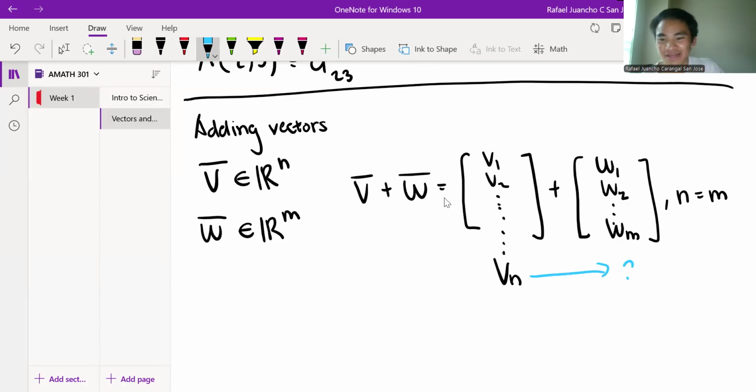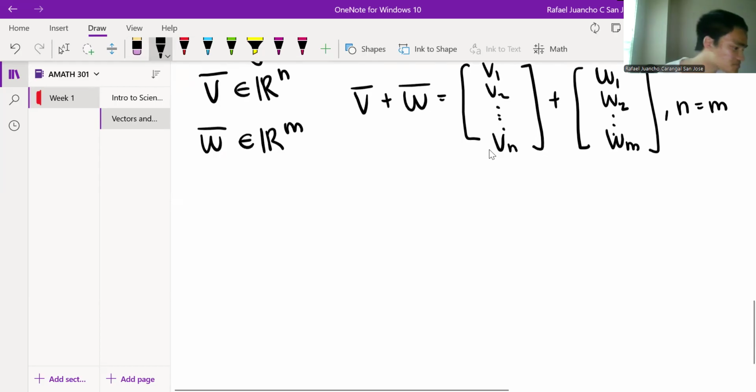We can't add it with anything in our w vector. Or let's say one of them is less than. The idea is we want to make them equal, with an equal number of rows. So n should be m. Technically, we can write minion as nice, as n. We want them to be equal.